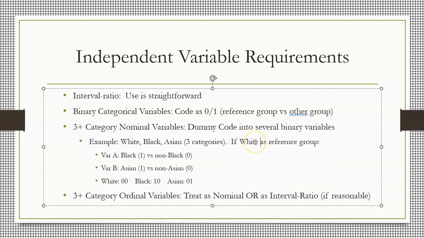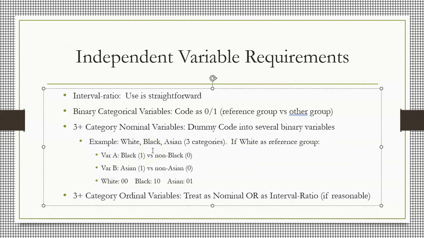And then what I'm going to do is essentially make 2 new variables. One that compares technically the black group to the others, and one that compares the Asian group to the others. But in essence, the way it's coded, they're each compared to the white group. So we're going to look to see how much different the blacks are from the whites and how much different the Asians are from the whites with respect to whatever our Y variable is.